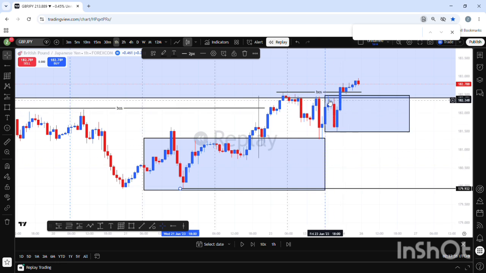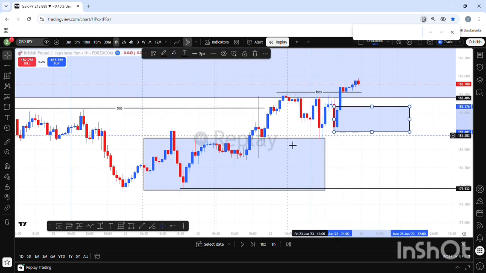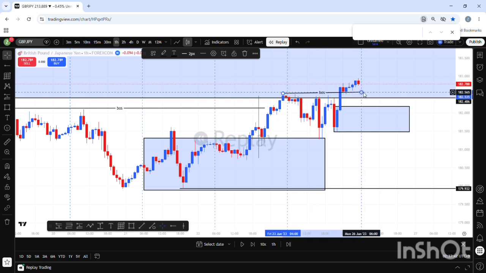So in short, the bigger the time frame, the higher the profit and also the higher the stop loss.